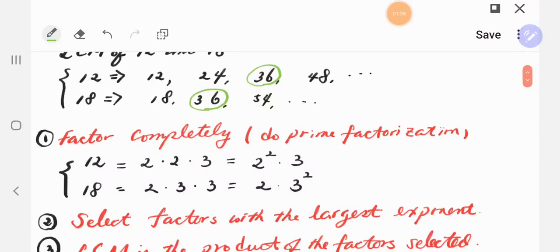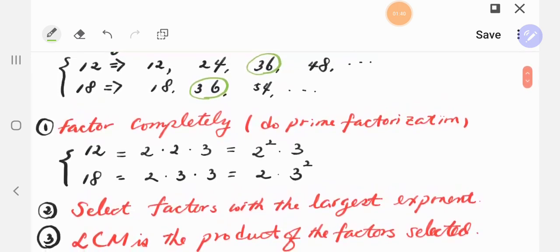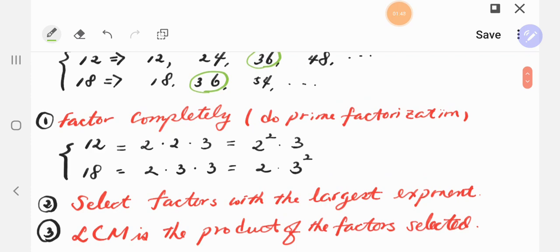First, we will factor each number completely, which means doing the prime factorization. Let's use the tree method. 12 is the product of 2 times 6, and 6 is 2 times 3.